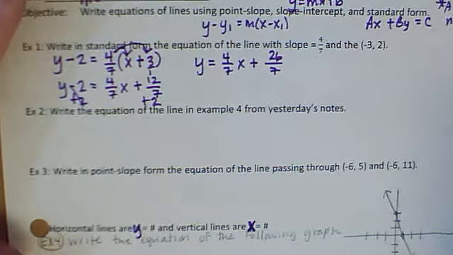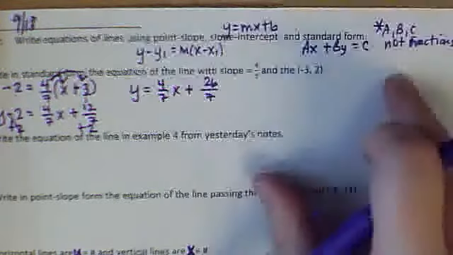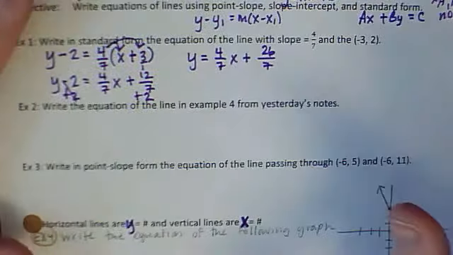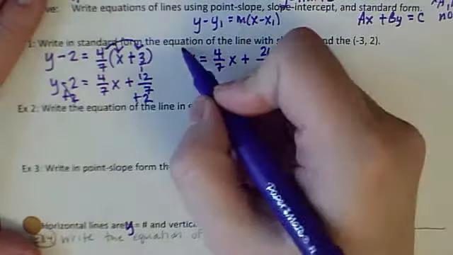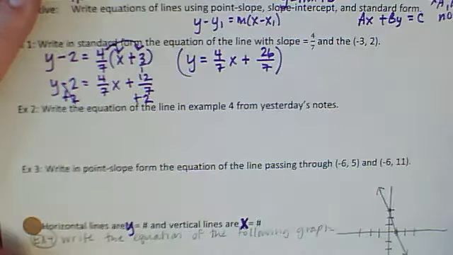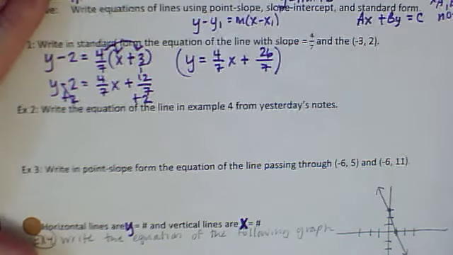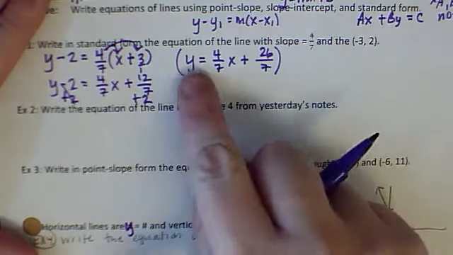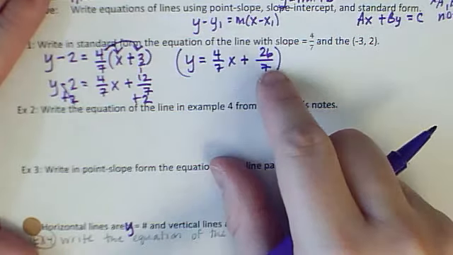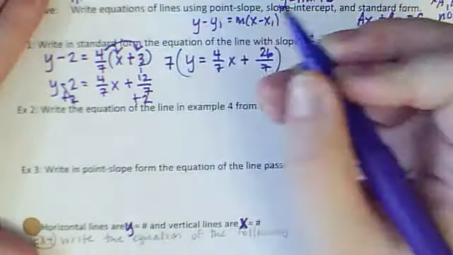Now I need to get rid of those fractions, because remember we made this note, they cannot be fractions. So I'm going to do that old trick that we did that one day with the fraction problem, because I know y'all love them. You multiply by the common denominator. This happens to be 7 for both, so that's what I'm going to multiply by.